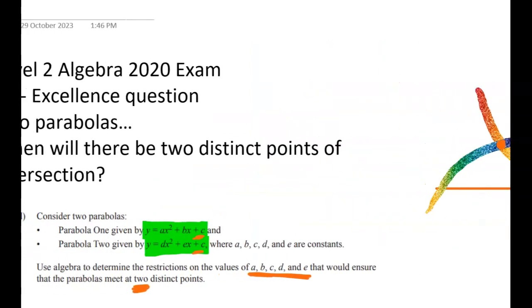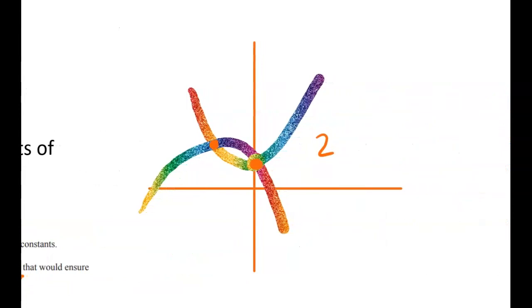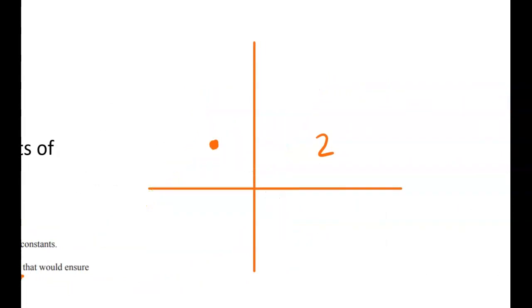So the question says the parabolas meet at two distinct points. Well, yes, they do in that case. Let's get rid of this one and draw another one. The first one is here, going through here. What if I draw a parabola that looks like this? Does that go through twice? Yep, that one goes through twice.